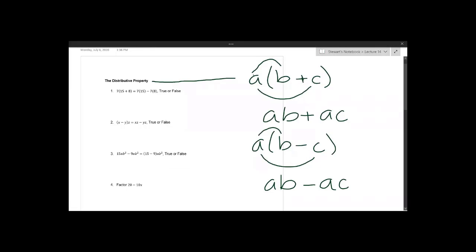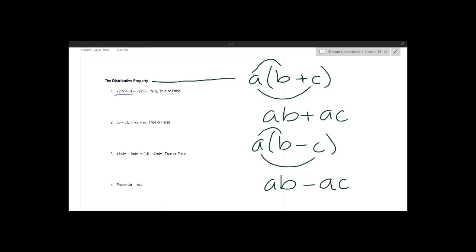The first one says 7 times the quantity 15 plus 8 is equal to 7 times 15 minus 7 times 8. Well, let's try this out for ourselves and see what we get. If we consider the 7 times the quantity 15 plus 8, if we did what I just explained, because it works just the same for numbers too.